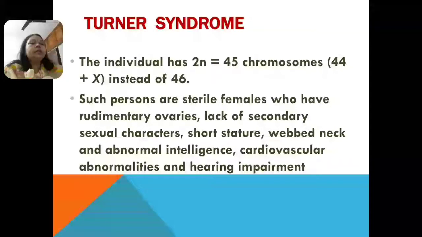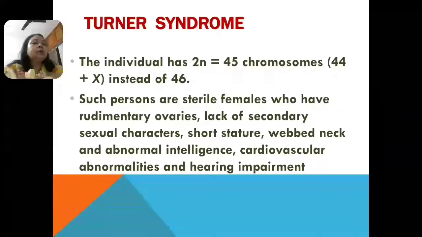In another slide, it is about Turner syndrome. What is this Turner syndrome? The individual has 2n equal to 45 chromosomes instead of 46. Means there is a lack of a single chromosome.